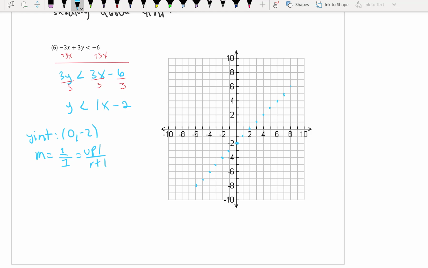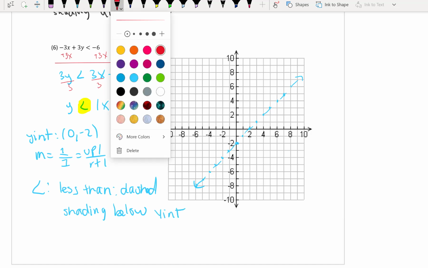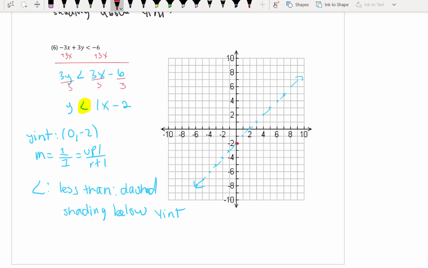And here, my inequality, the way that it's facing, it's less than. So I know it's going to be a dashed line. And since it's less than, I know I'm going to be shading below. And of course, you want to think about it as shading below the y-intercept. So since my y-intercept is here, everything below that is here. So that's how I'm going to be shading.